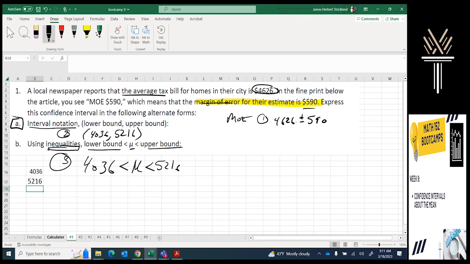So what exactly are these saying? It means with some level of confidence, we know the actual average bill for the population is between these two numbers. We have no idea where it is. It could be as low as $4,036.01 and as high as $5,215.99.